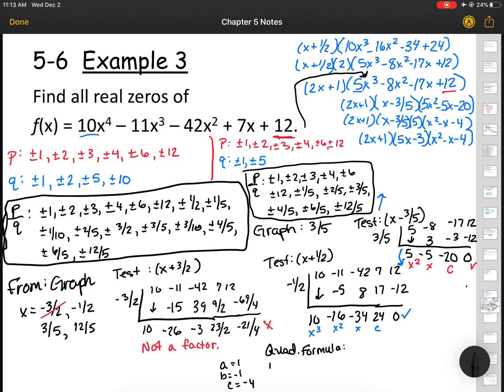So I got 1 plus or minus the square root of -1 squared minus 4 times 1 times -4, all over 2 times 1. So I got 1 plus or minus, -1 squared is 1, and then plus 16, because -4 times 1 times -4 is 16. So 1 plus 16 is square root of 17, all over 2, and that actually cannot reduce.